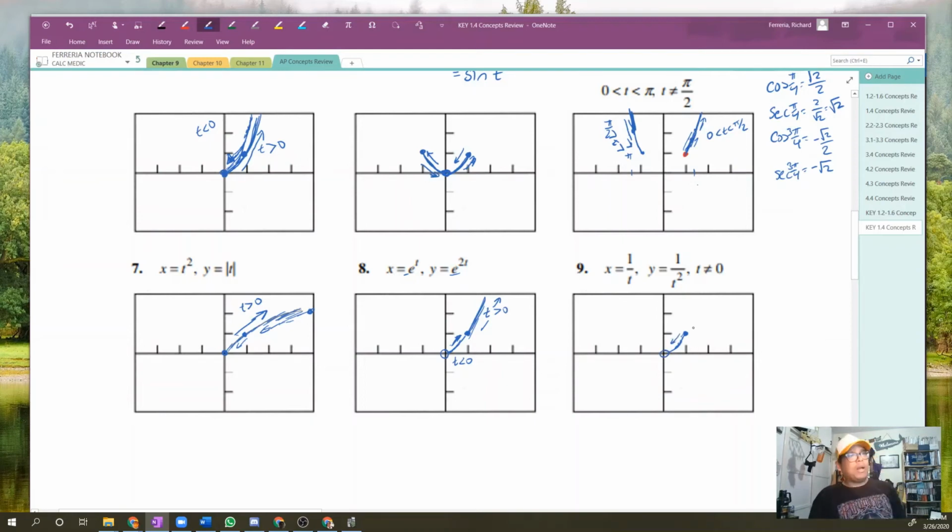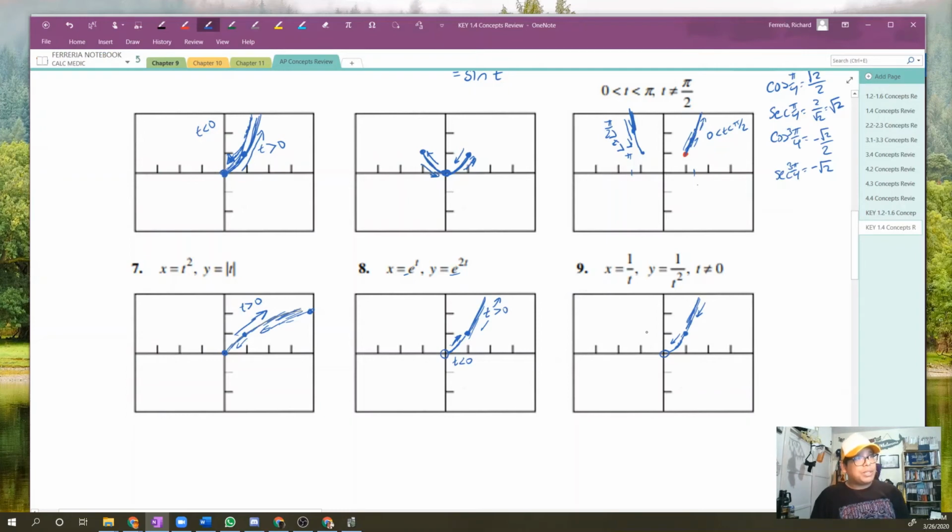Okay. If t is greater than 1, then we're going to be up over on that side. Okay, so we can imagine when t is equal to negative 10, the x-coordinate is negative 1/10, and the y-coordinate is negative 1 over 100.